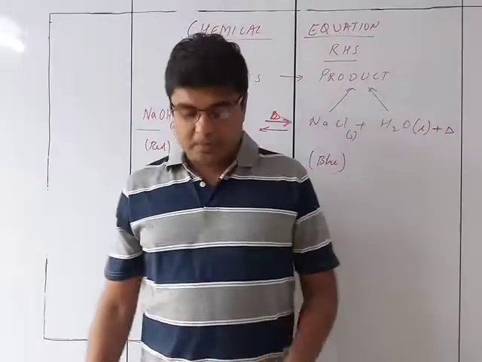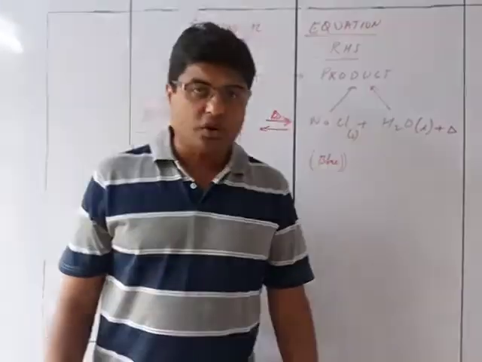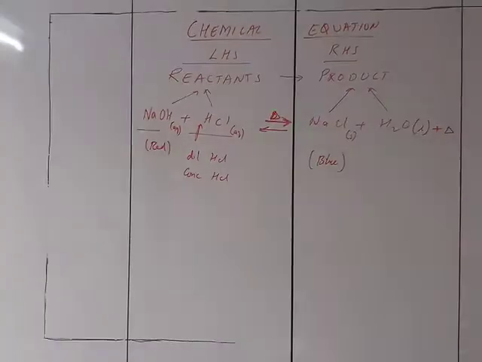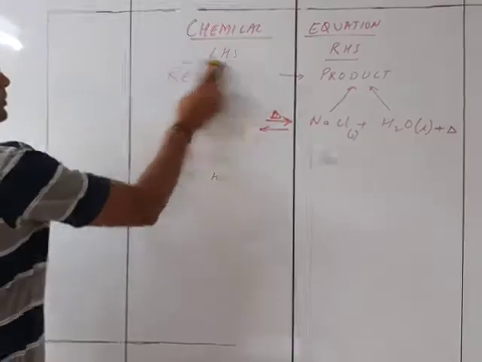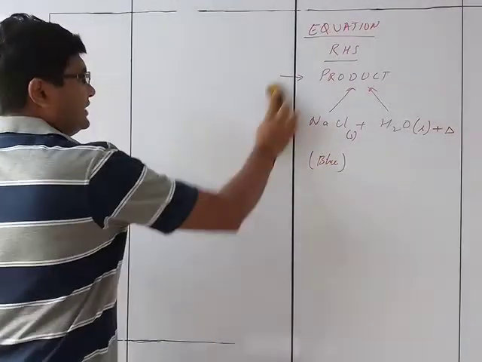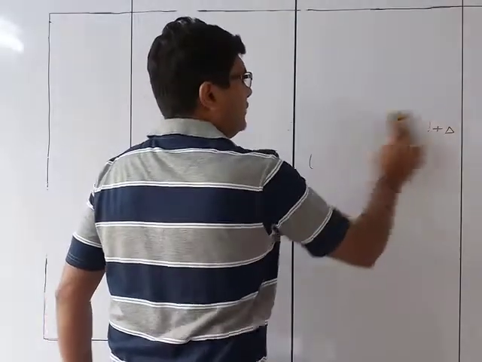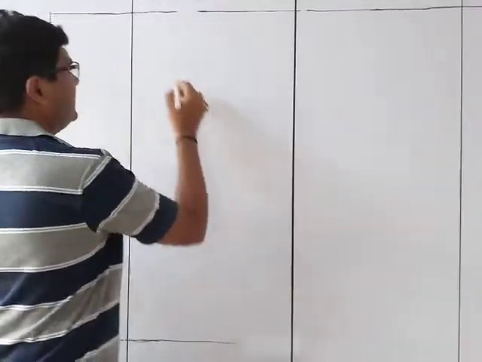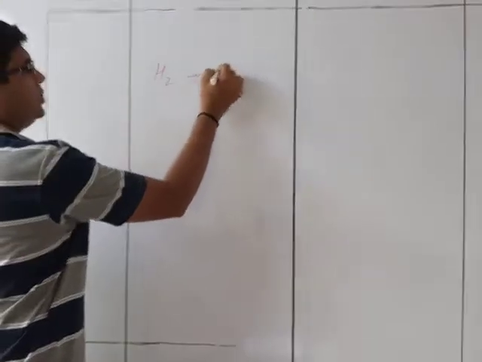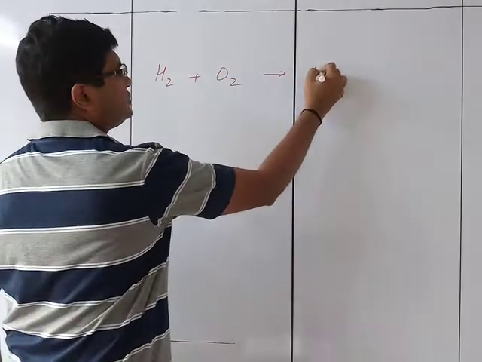Now we talk about the next part, and that is balancing of equations. Now, in any chemical reaction, suppose I take a very simple reaction like H2 plus O2 gives me H2O.